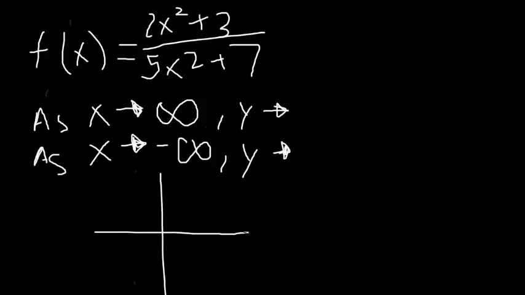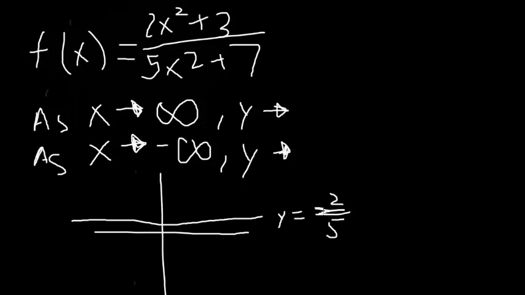And our asymptote, if we look at the graph, happens to be right there, that's y equals negative 2 over 5. Why not put negative? I don't know, maybe I like negatives.